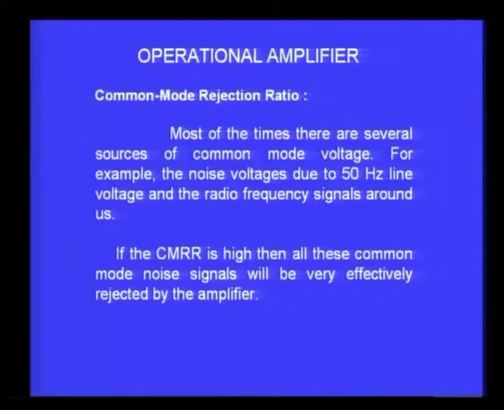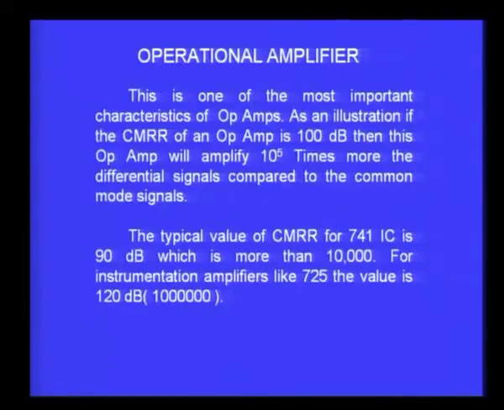All the signals which are common to the two input terminals are basically the noise voltages all around us, and therefore you would find it will have very good noise rejection characteristics, and what you get at the output will only correspond to the signal in which you are interested. So, that is the reason why CMRR is a very important characteristic of any differential amplifier, and in particular an operational amplifier.